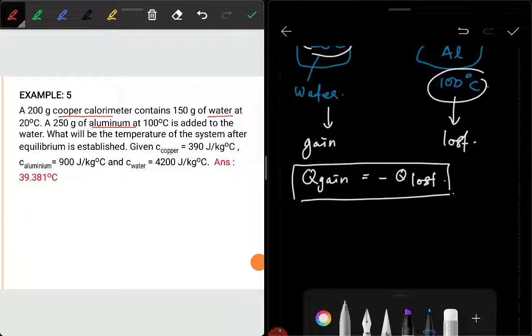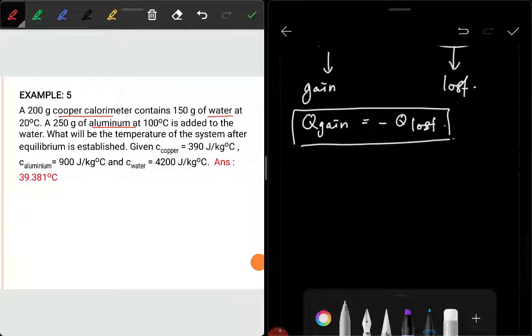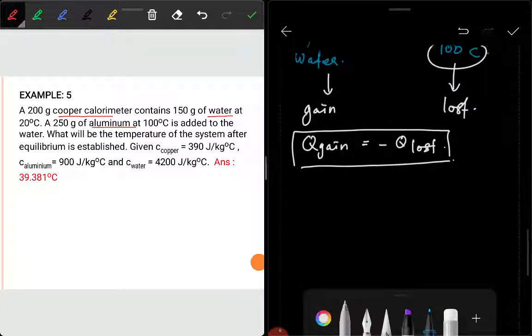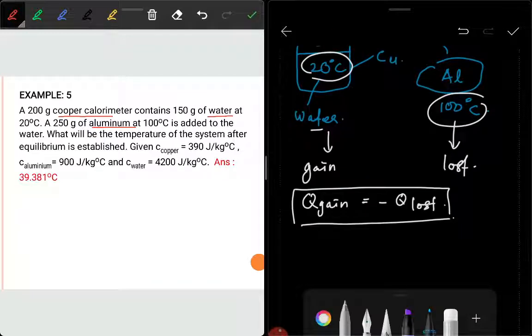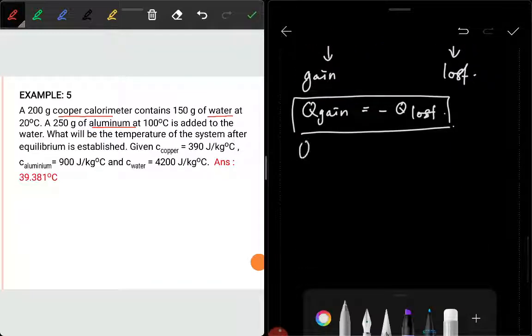You can use heat gain is equal to heat loss without the minus sign, but I prefer to use the minus sign. So the heat gain is, remember, water and copper. So Q water, heat gained by the water, plus heat gained by the copper calorimeter is equal to minus the heat loss by the aluminium.